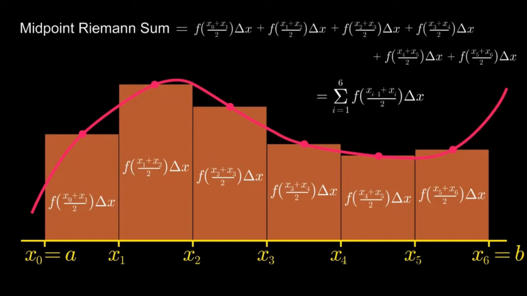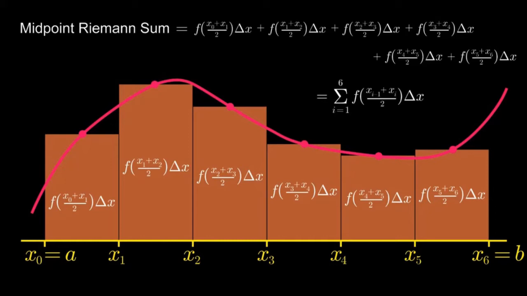Now here's a variation which often gives a better estimate for the area. Evaluate the function at the midpoint of each of these subintervals. The midpoint of each subinterval is the average of the two endpoints of the subinterval. Evaluate the function at each of these midpoints. These values times the base, again delta x, will give the area of each of these rectangles.